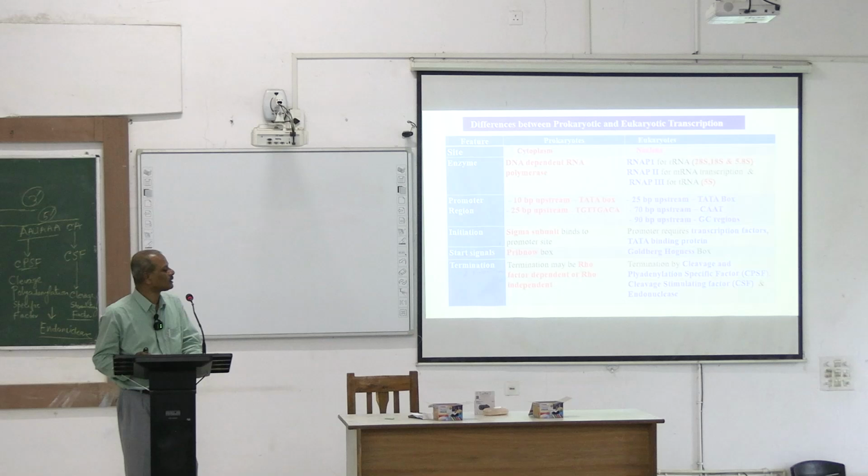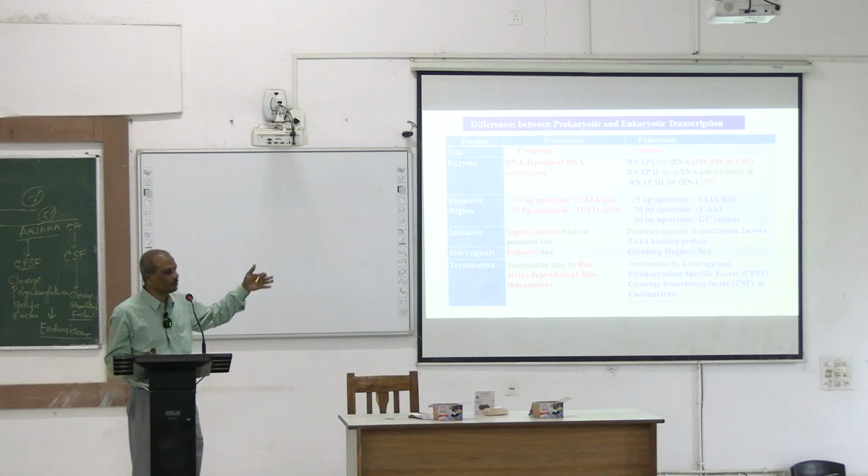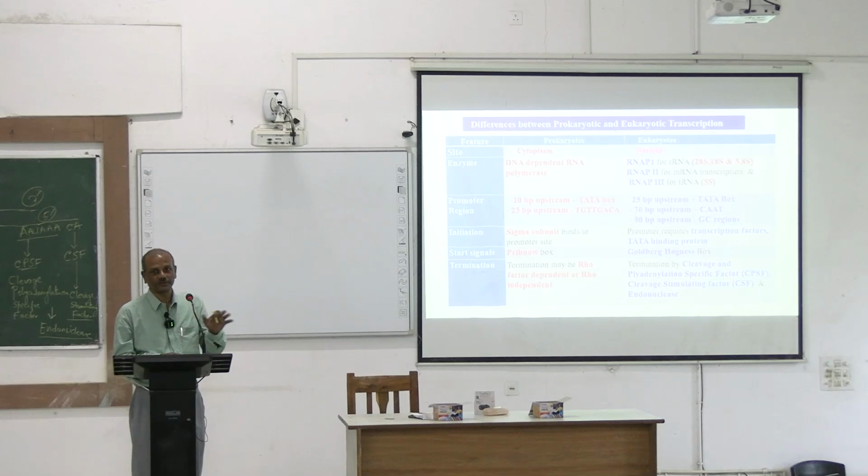So it is not that only at that particular specific position; there might be 25 to 30, that might be 70 to 80, 75 to 80, that might be 90, 95 like this, and in between also there are residue regions. The prokaryotic polymerase had 5 subunits plus the sigma factor, the sigma subunit.